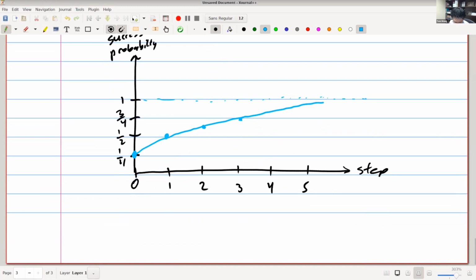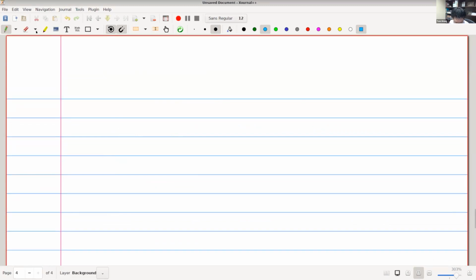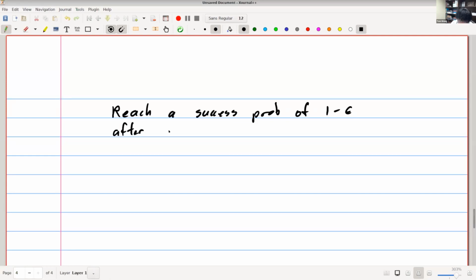And so I'm going to tell you what the answer is. Doing some math, you find that you reach a success probability of 1 minus epsilon, just short of 1, after this many steps.